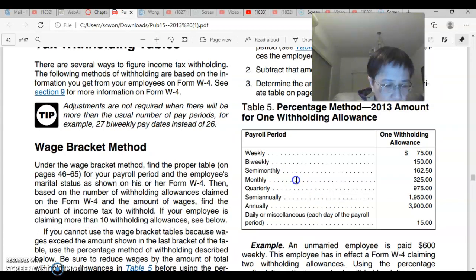So he's married, and it's a weekly payment. $75 times 3.